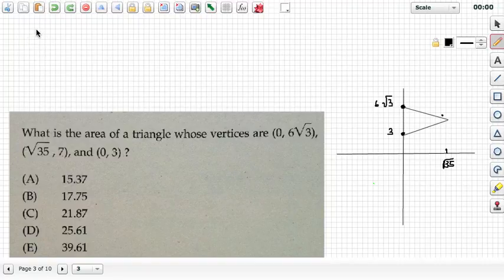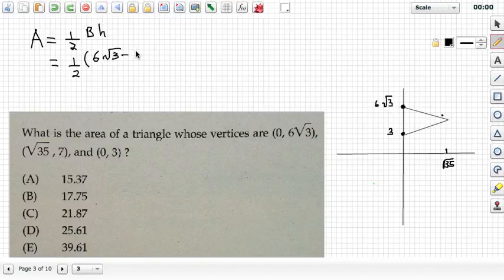You know that the area of a triangle is a half base times height, which is equal to a half, and the base is 6√3 minus 3. So it's 6√3 minus 3.